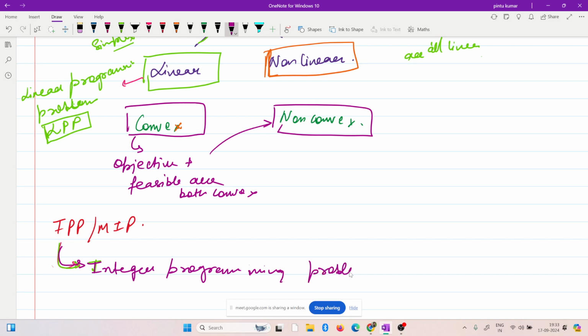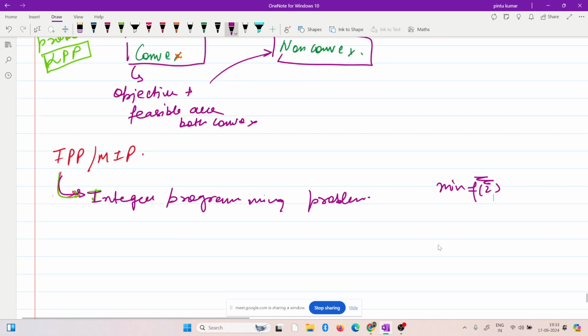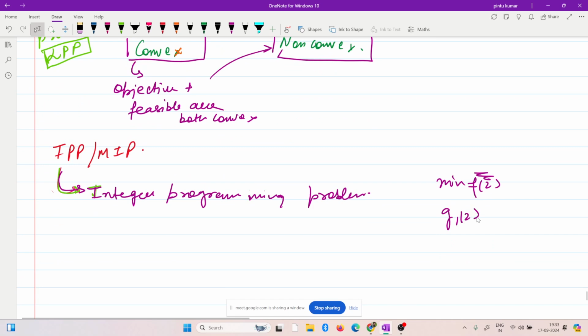So what is an integer programming problem? You have some objective, say f of z. You have some constraints similar to whatever we have done. You have an extra condition that all the variables must be integers.